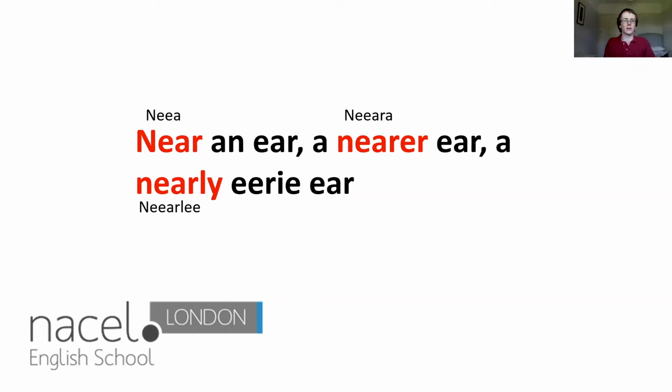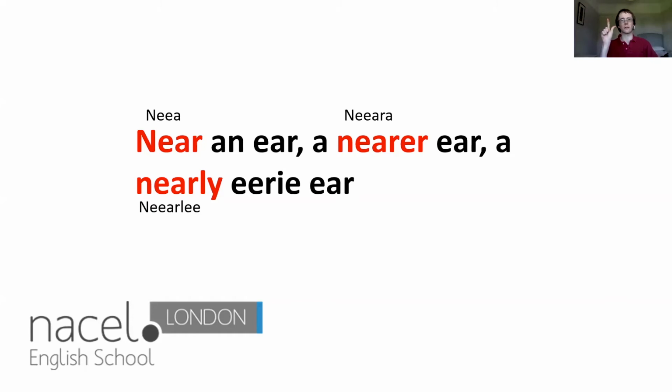And then the third red word that I've highlighted on the screen is the adverb form of the word near. Nearly, nearly. So this time we've got near, and then we've got the ly sound on the end, which is a li sound, li. Nearly.